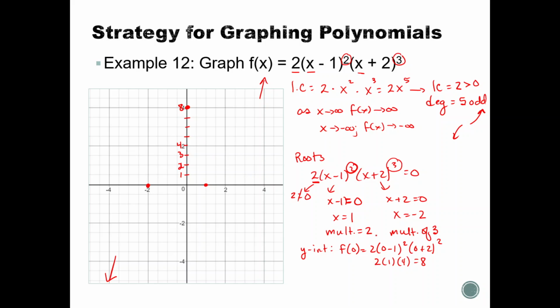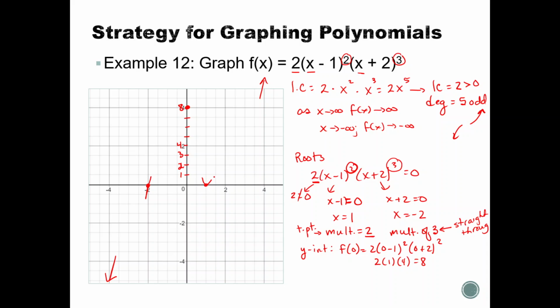Now, with these multiplicities, I know that this one has to be a turning point because it's even. The multiplicity of 3 means it's going to go straight through it. So at x equals negative 2, I'm going to go straight through. But at x equals 1, I'm going to turn around.